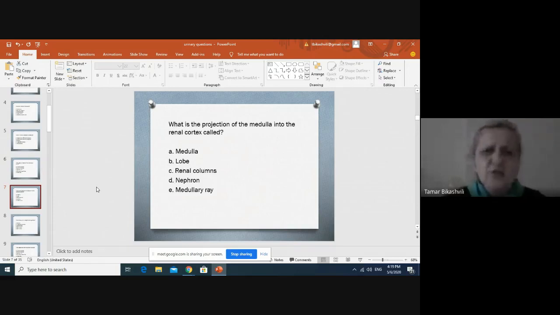What is the projection of the medulla into the renal cortex called?